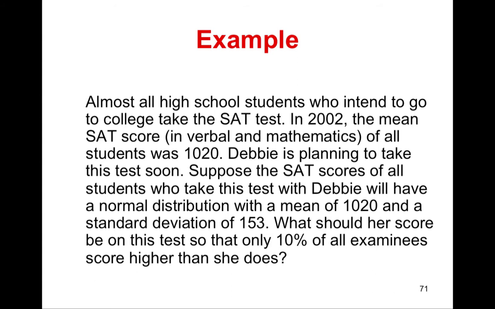We're going to assume that she takes the test and that the mean of the test is 1020 with a standard deviation of 153. What does Debbie have to score so that only 10% of the people taking the test will score higher than she does?